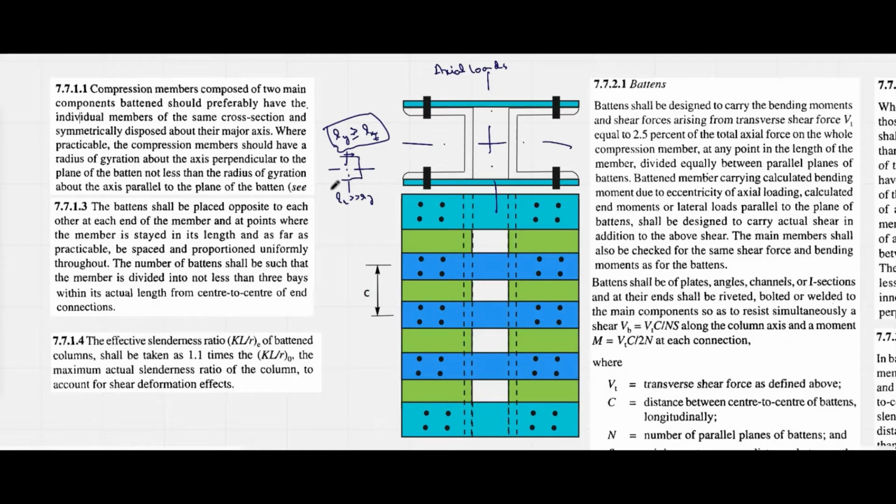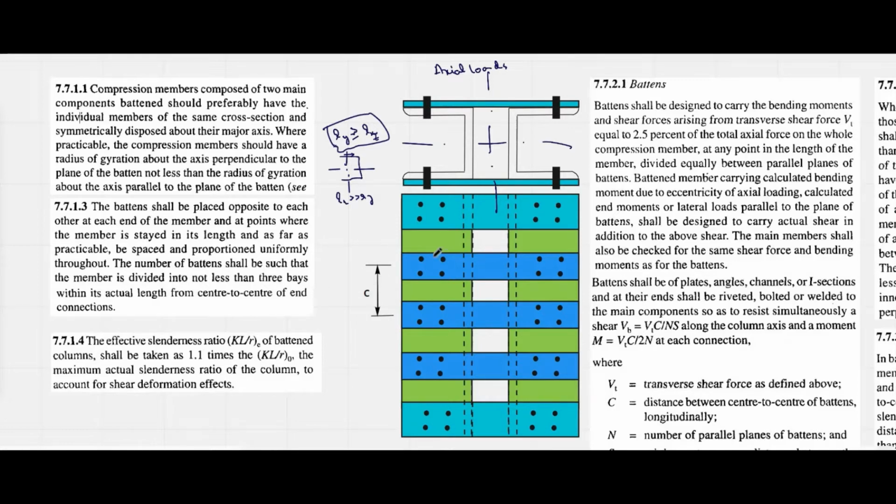Next, the battens shall be placed opposite to each other at the end of the member, at points where the member is straight along its length. As far as practical, they should be placed proportionally uniform throughout. The number of battens should be such that the member is divided into not less than 3 bays within its actual length, from center to center of end connection.